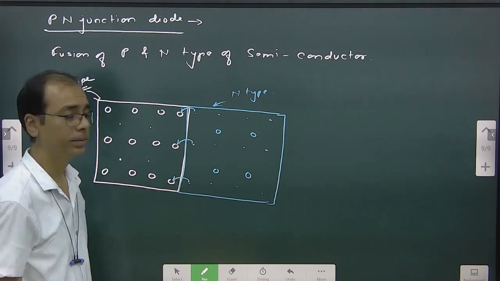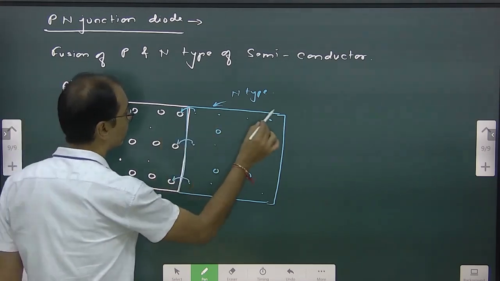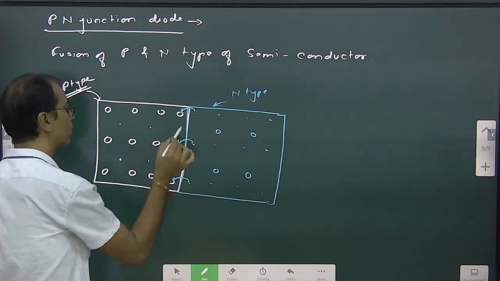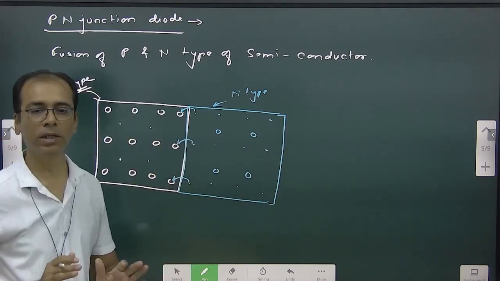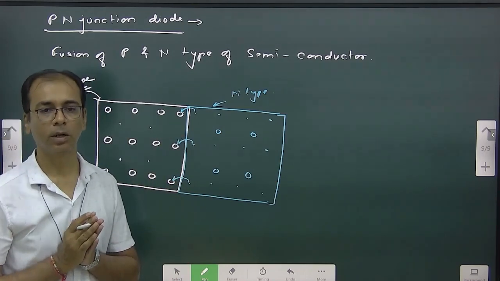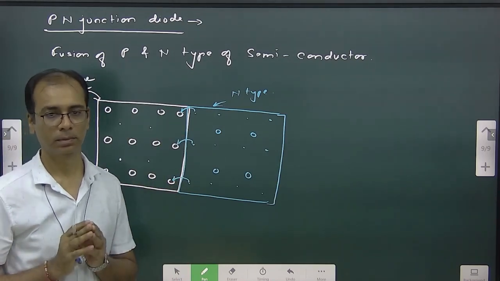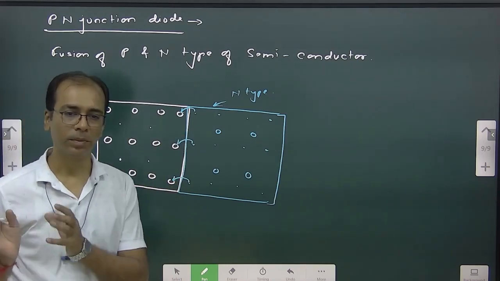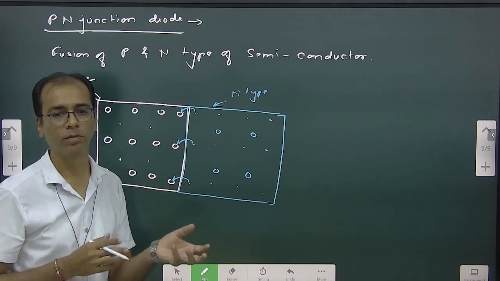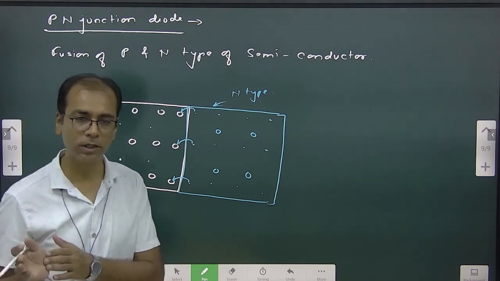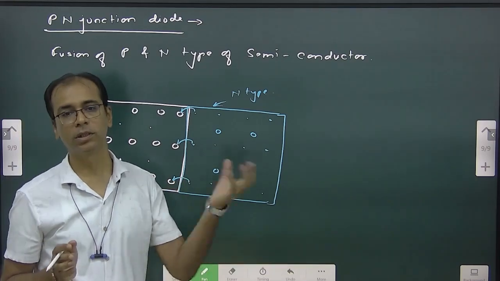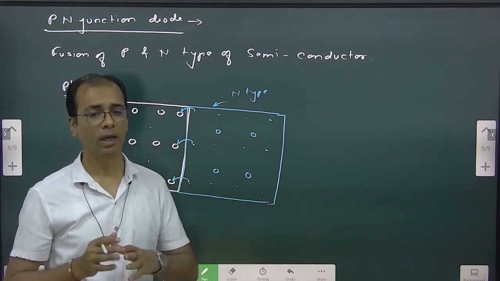Then what is going to happen? When we talk about N-type semiconductor and P-type semiconductor, actually they are neutral. When you mixed up silicon with boron, silicon was neutral in itself, boron was neutral in itself. When you mixed up, has anything gone out?